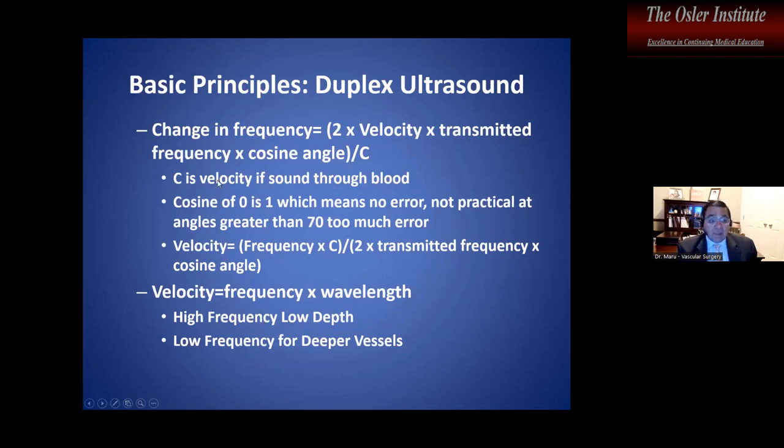That's one of the basic formulas. The other one is velocity equals frequency times wavelength. Those are the two basic formulas from which they derive most of the duplex ultrasound information.